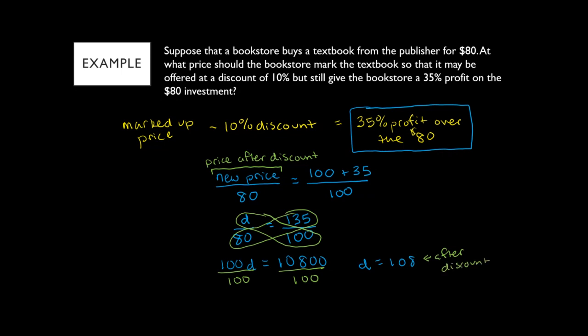Now the question is not asking for how much it would be after the 10% discount. It's wanting to know what would be the price originally before you do that 10% discount. So now we need to do this same sort of process, but now we're going to have different numbers. It's going to be a similar formula, but we're going to be using the discount formula. We're going to do 100 minus 35. So we're going to again have the discounted price over our original price.